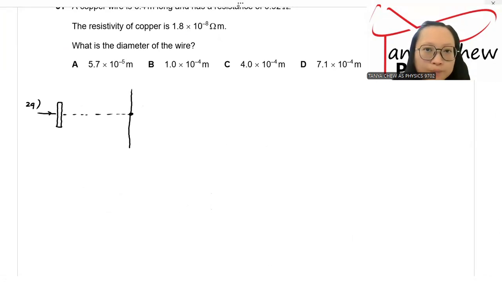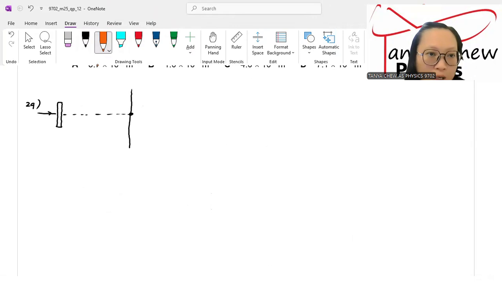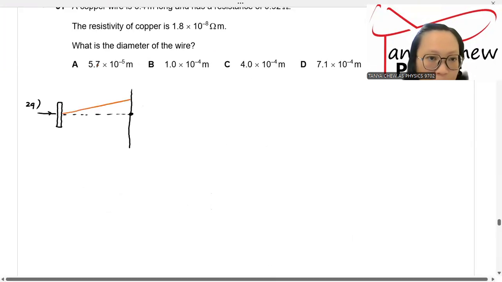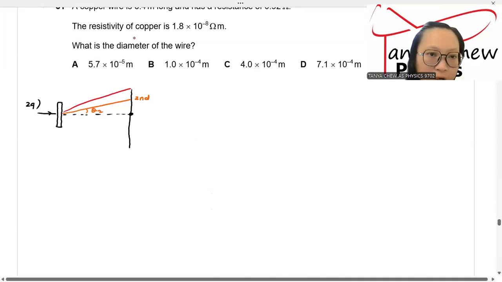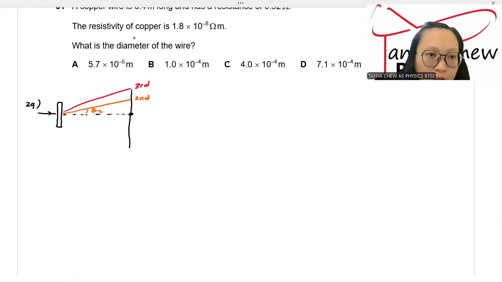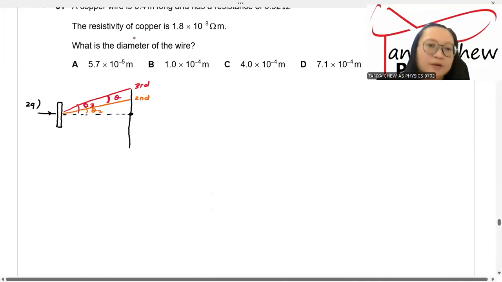Let me draw. This is the second order, this is theta second order. And this is the third order, right here, so this is theta third order. So the question wants you to find the angle between these two thetas.